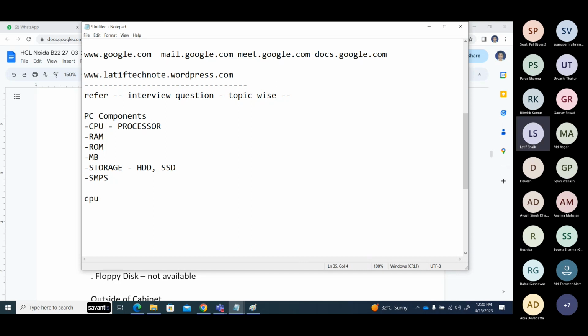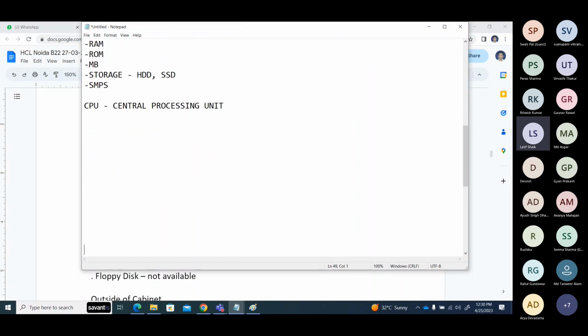What is a CPU, guys? Central processing unit. Our instructions and data are processed by the CPU only.